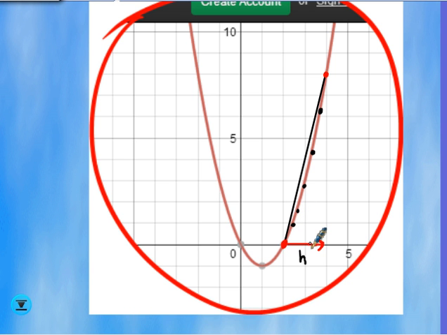So h pretty much turning into what number? 0. Thank you. H is going away. That makes sense. So h getting smaller and smaller, so the distance between the first point and the second point is pretty much non-existent.